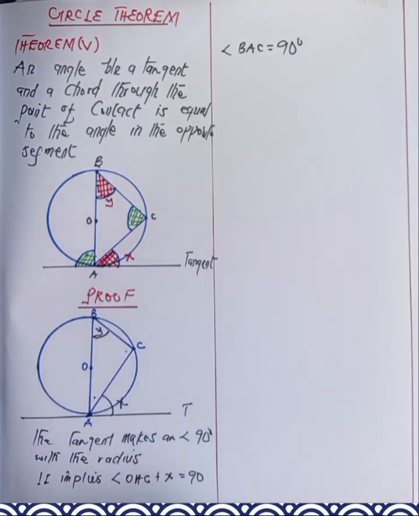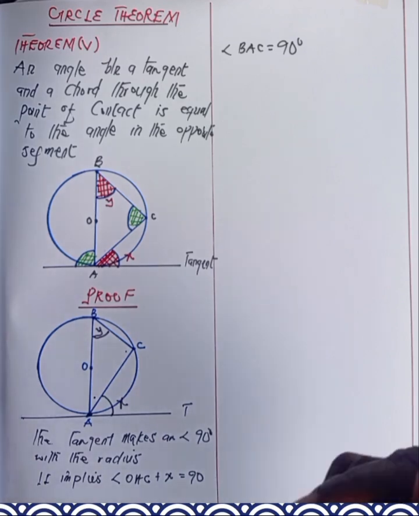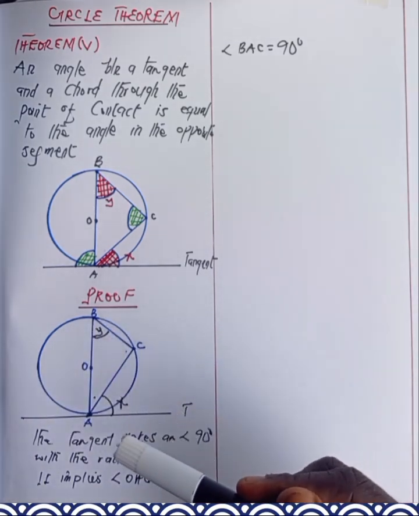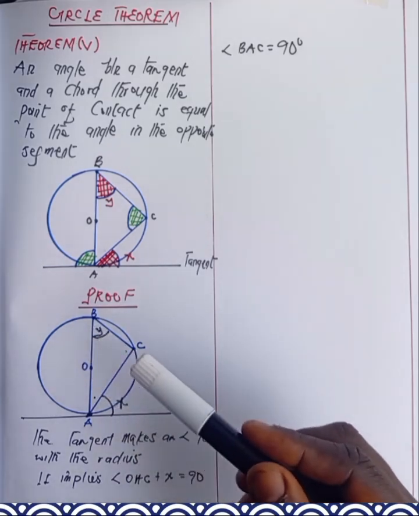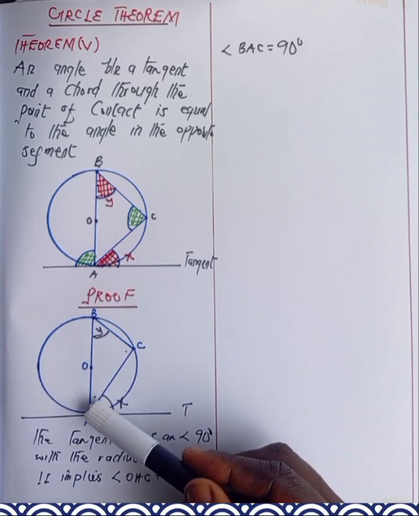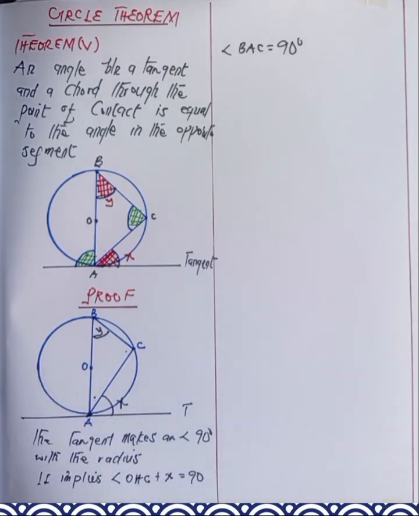Very good. Now that we know this angle and this angle, we can apply the interior angles of a triangle, and we know that the interior angles of every triangle sum up to 180 degrees. Therefore, y plus 90 degrees plus OAC should give us 180 degrees.